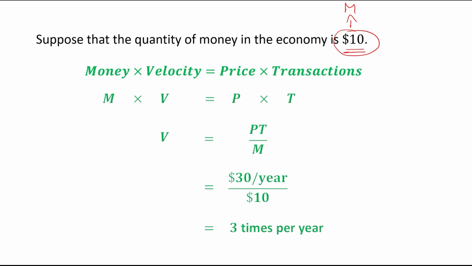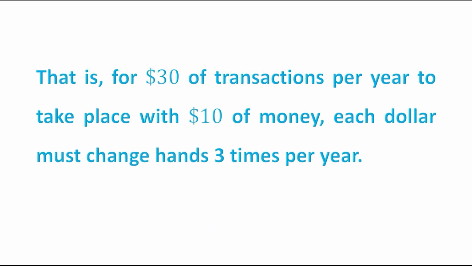Its interpretation is that for $30 of transactions per year to take place with $10 of money, each dollar must change hands 3 times per year. It is very simple: the total dollar value of transactions is $30 per year.